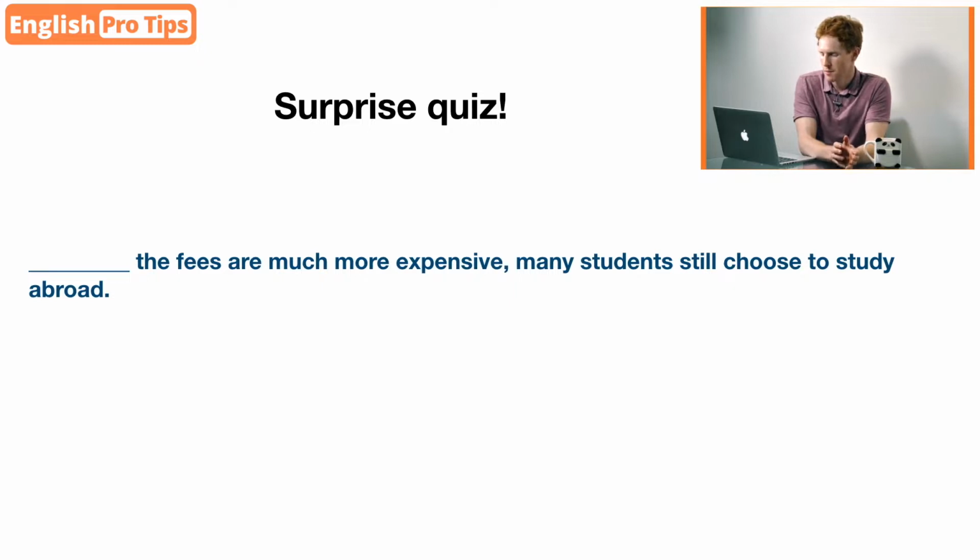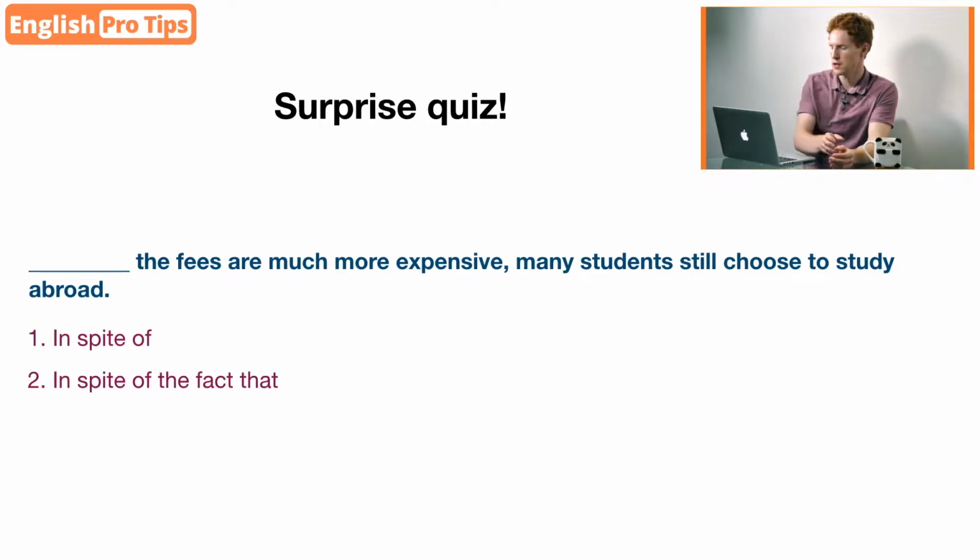Okay, something, the fees are much more expensive. Many students still choose to study abroad. In spite of or in spite of the fact that. Okay, what can you remember from this video so far? When do we use in spite of and when do we use in spite of the fact that?